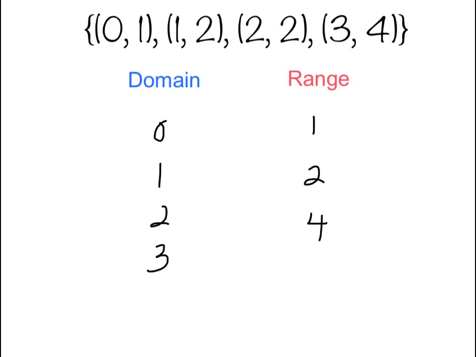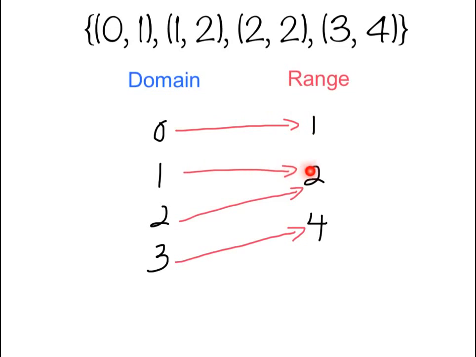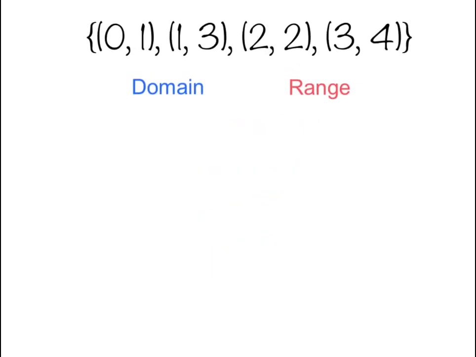Notice for this one there are only 3 sets of numbers for our range. And then the next step is just to simply draw arrows from the domain to its range. And as you can see, there is only one range value for each domain value, so this relation is a function.